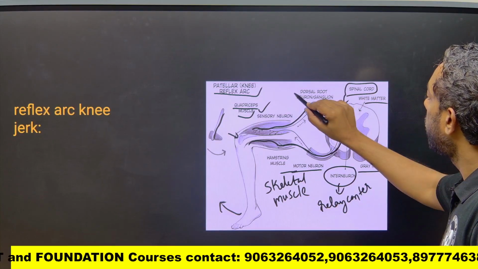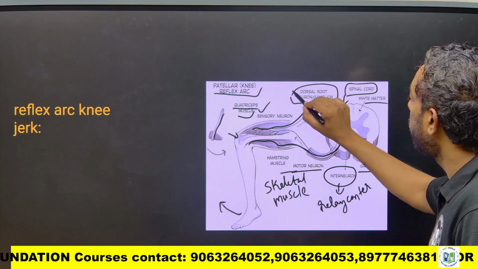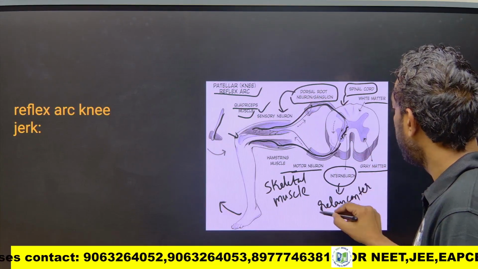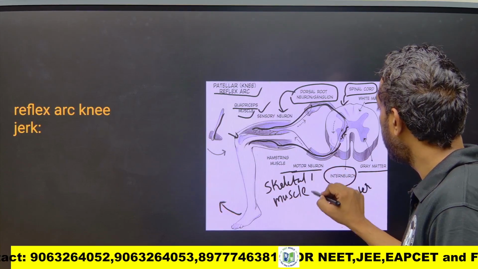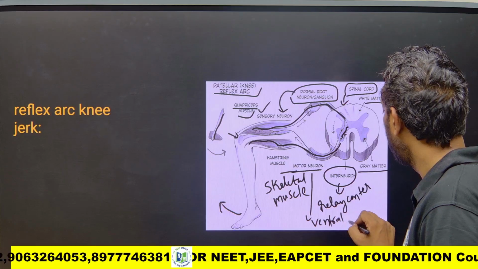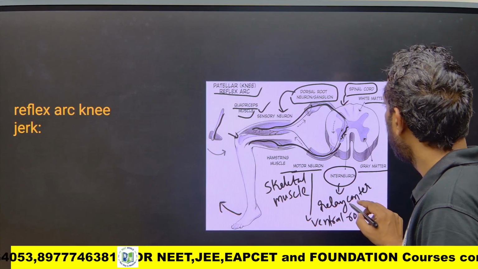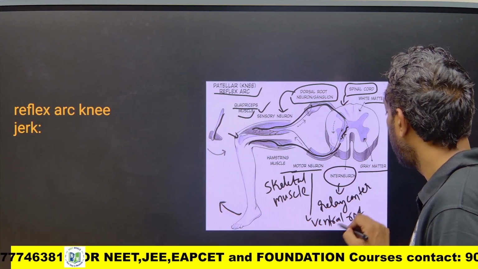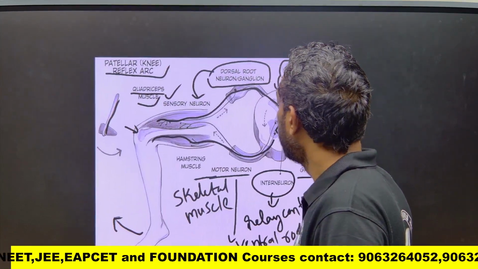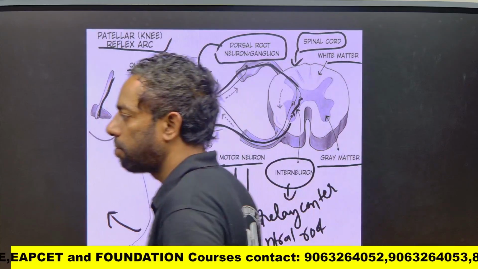The dorsal root is the sensory root, the sensory neuron. The ventral root is the motor neuron. Just observe it, guys.